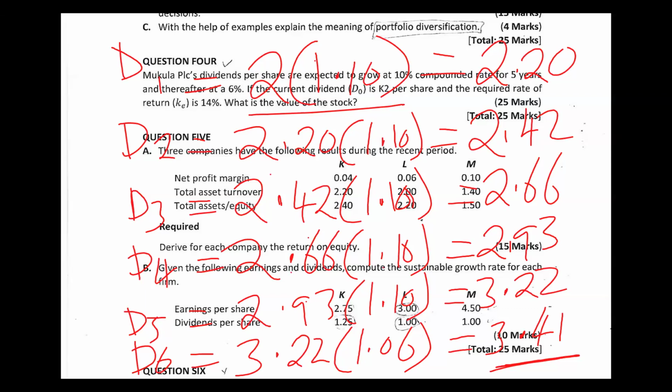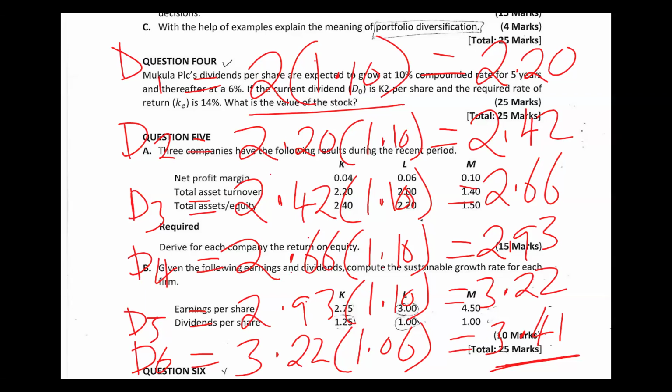Okay, what do you find? On D4, I'm finding 3.5. Yes, the 2.66 times 1.1 to the power 3 is giving me 3.5. Which one are you raising to power 3?